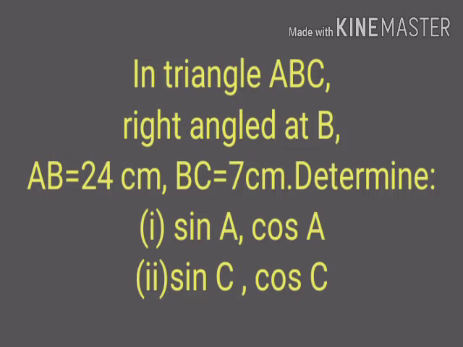First sub-question is sin A and cos A. Then second sub-question, determine sin C and cos C. AB and BC are common for the two sub-questions. Here the figure is not given, so we have to draw the figure first.